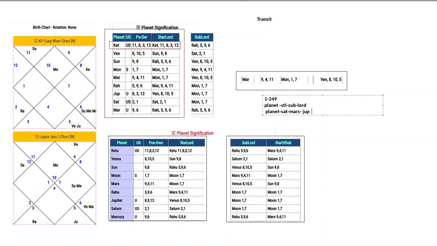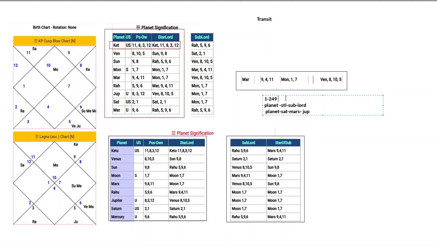the whole notes or remarks that Professor Krishnamurti has mentioned about the star lord and sub lord for the 1 to 249 division that he has made. This kind of confusion you will consistently see in various of his books.